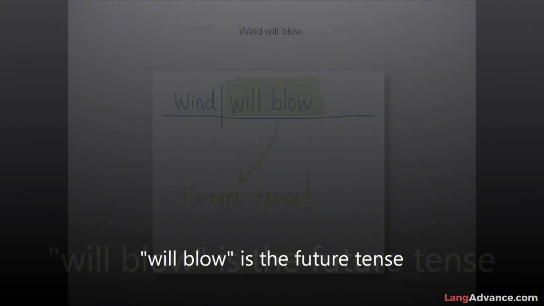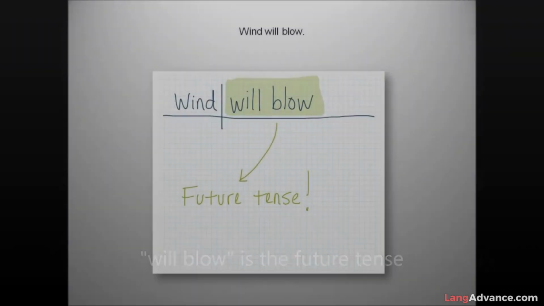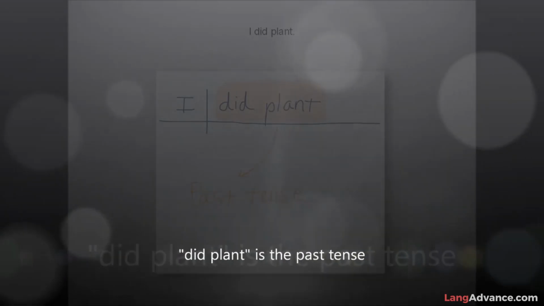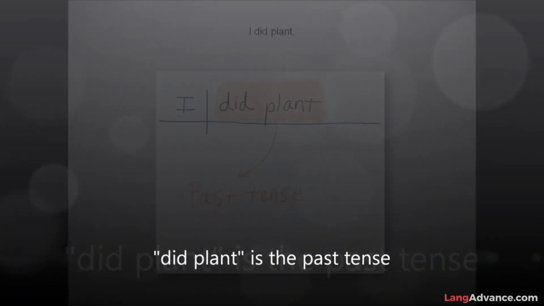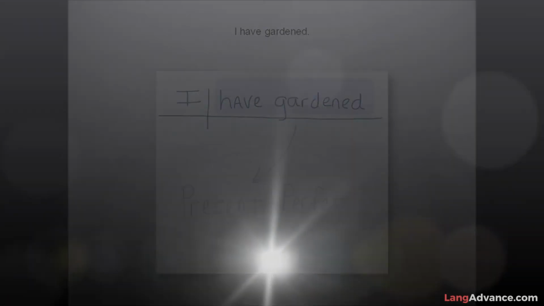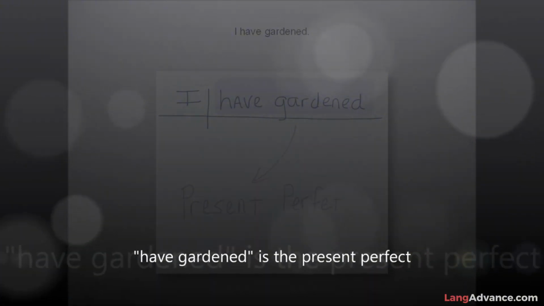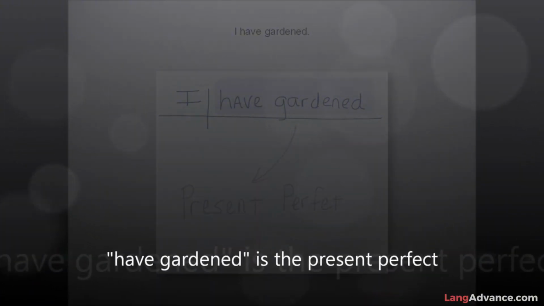Remember that sentences can have verbs and verb phrases, and a verb phrase can have more than one word within it. So wind will blow is the correct way to diagram the sentence. With I did plant is the past tense, and in I have gardened is the present perfect tense. All right?